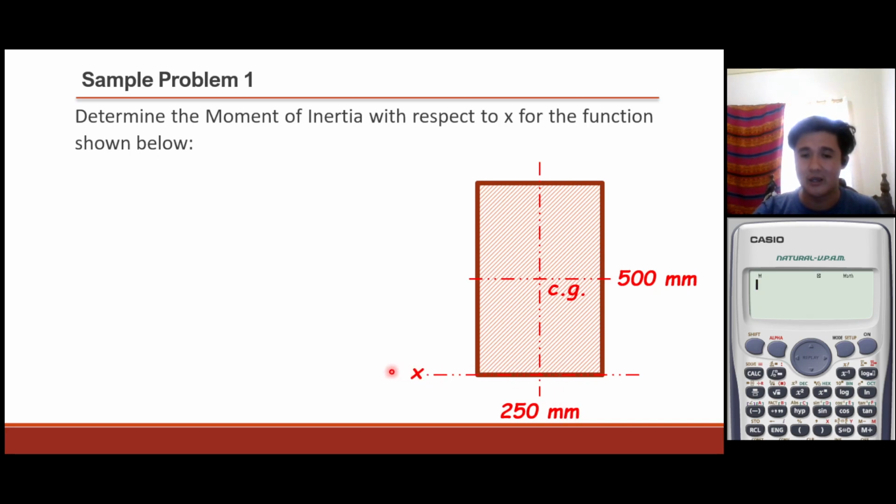Then we will get its moment of inertia with respect to this x-axis right here. Okay? So again, by the transfer axis theorem, since our axis is transferred far from the center of gravity, we will use the transfer axis theorem.